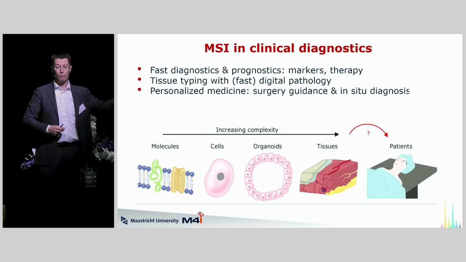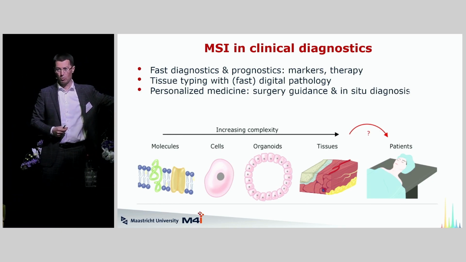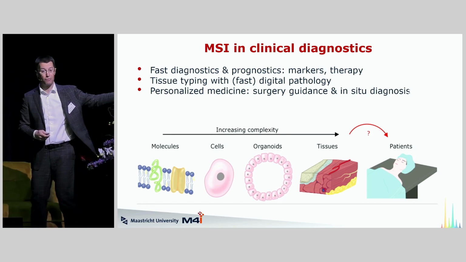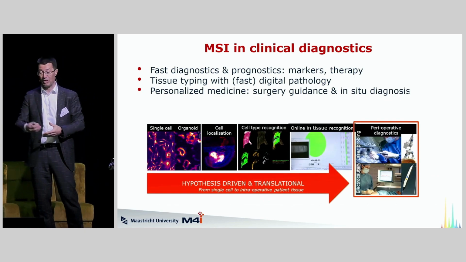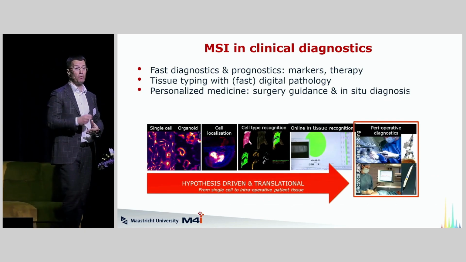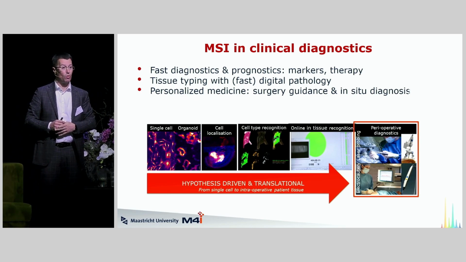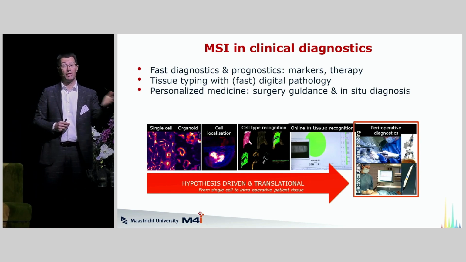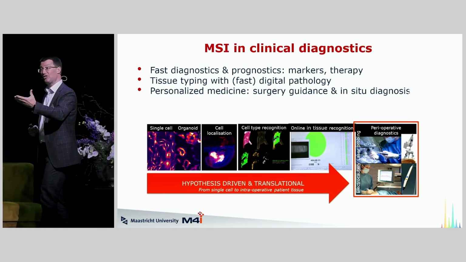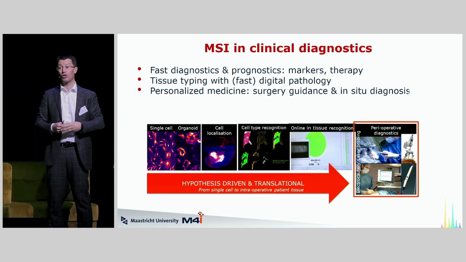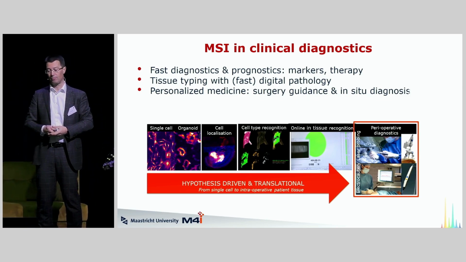And when we do that, we really take it from the single molecule to the patient. And just to highlight this whole range from molecule to man, I've highlighted here a few examples of our own work where all of these images that you see down below are actually images generated with a mass spectrometer. And ultimately, we're currently applying them inside the OR where we're doing mass spec-based diagnostics during a procedure.